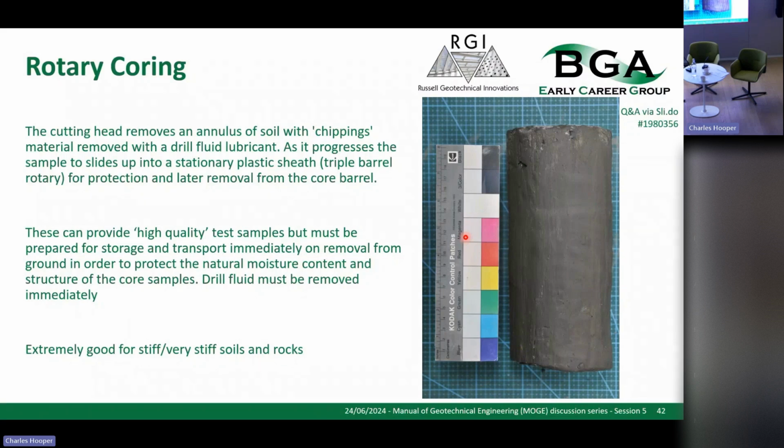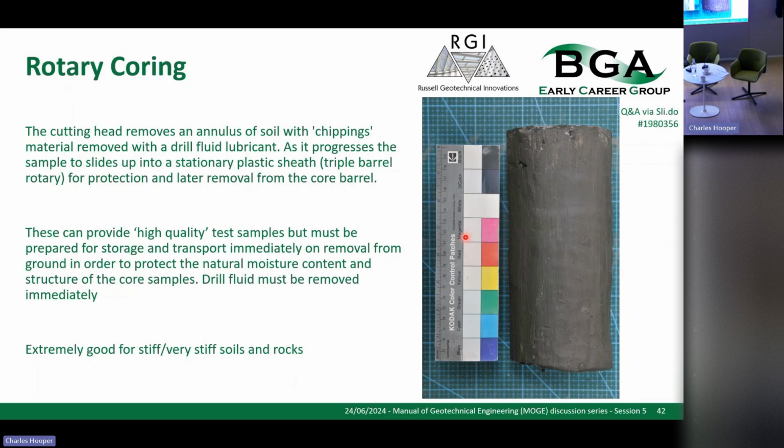The outside actually progresses down the hole with the help of drill fluid, removing chippings, etc., or slurried clay in many cases. And you end up with a sample in a plastic casing that you can pull out.